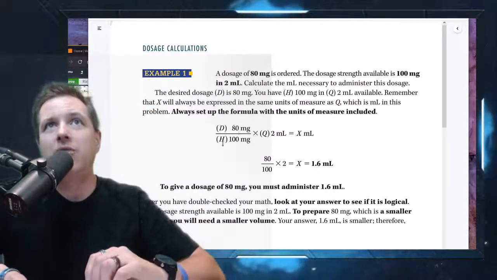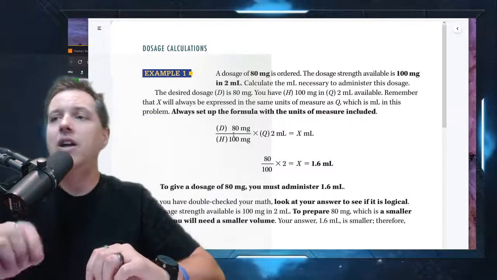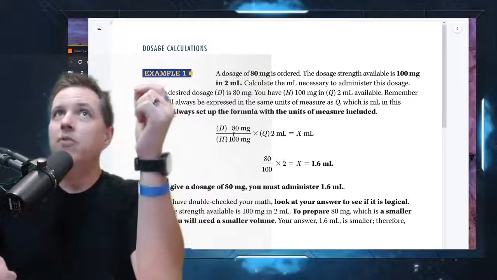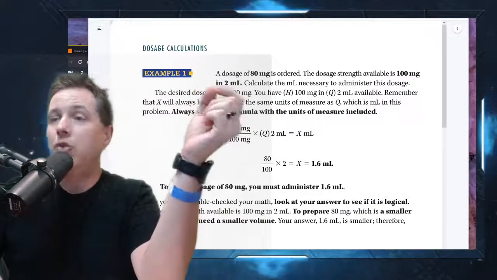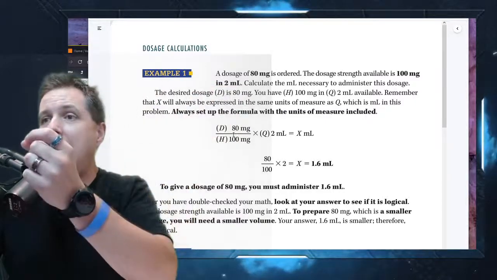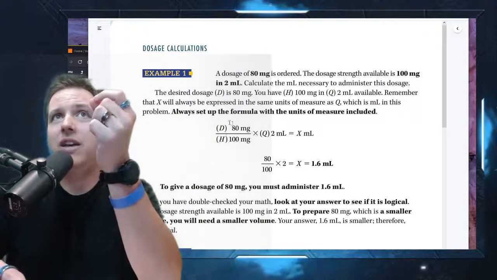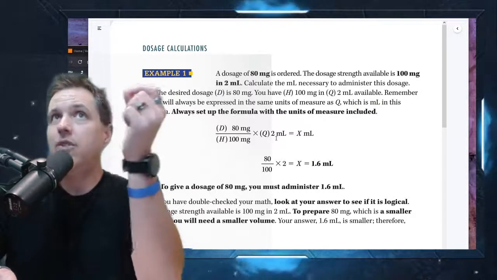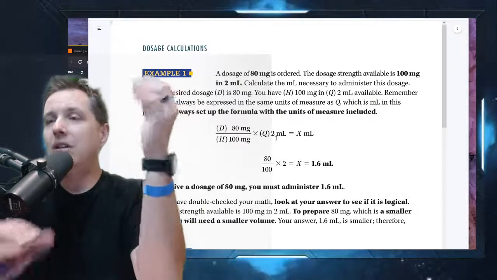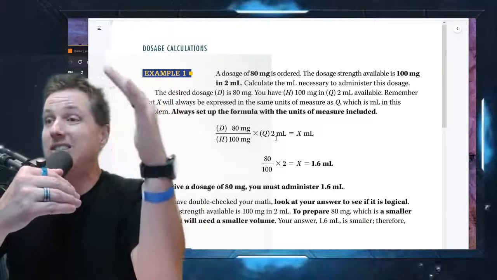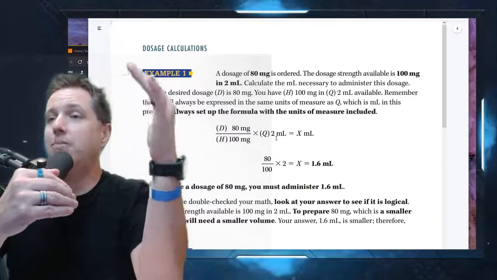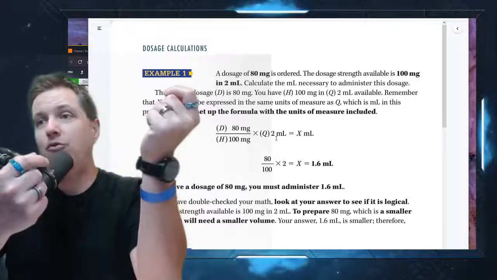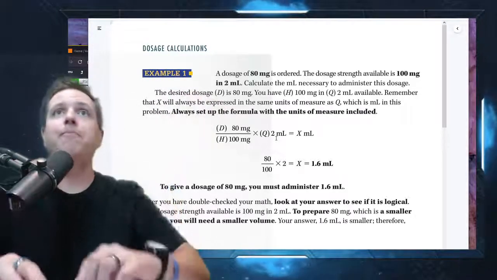So this fraction right here, this 80 to 100, is giving us the ratio between the dosage that we need and the dosage we have. Once we simplify this, we apply that same ratio to the volume, the milliliters, and when we scale that volume down to the same ratio that we got for the medicines, then we should have the volume that we want, right?